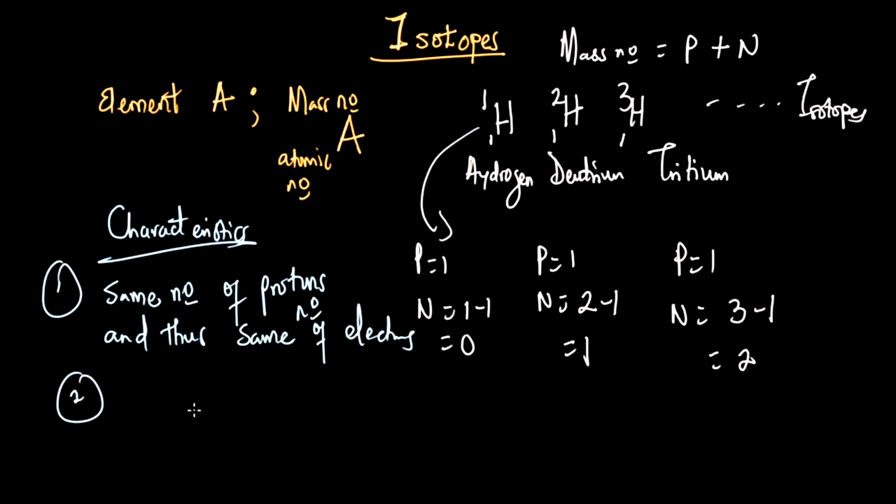Isotopes of the same element have different numbers of neutrons. So take note of that.